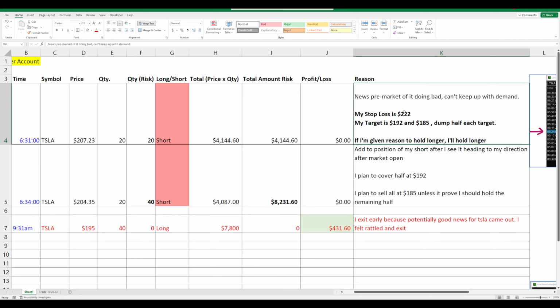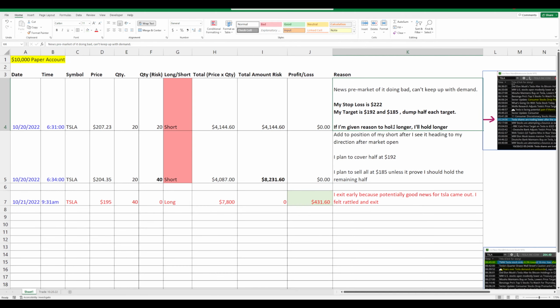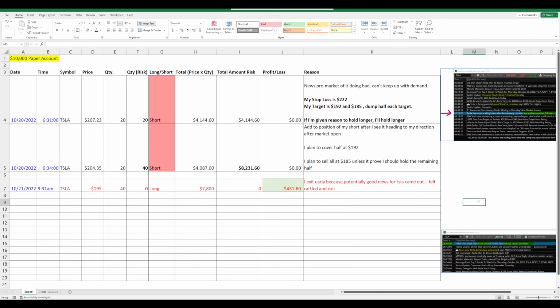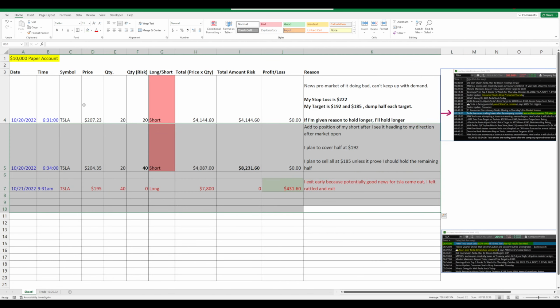But hey, this is paper trading. What if I am profitable and right 90% of the time, then this less than 1-to-1 ratio is okay. Alright, so this is part of learning how to paper trade and finding a system that works for you. The more notes you have, the more you can analyze on what works and what doesn't.